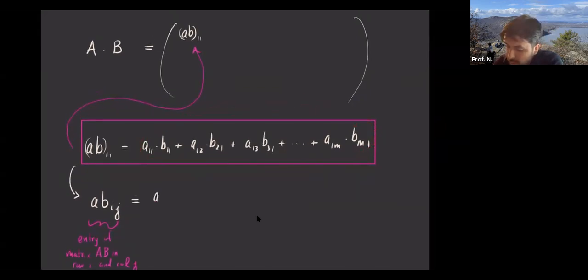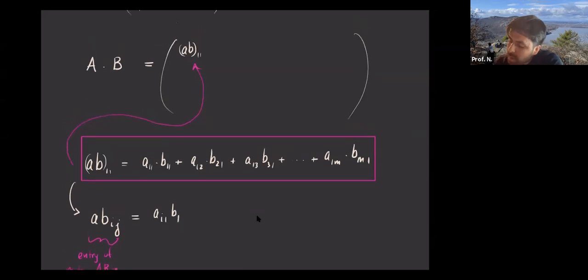I'm going to have Ai1, B1j, and then this becomes plus Ai2, B2j, plus Ai3, B3j, and I go all the way down to Aim, Bmj.